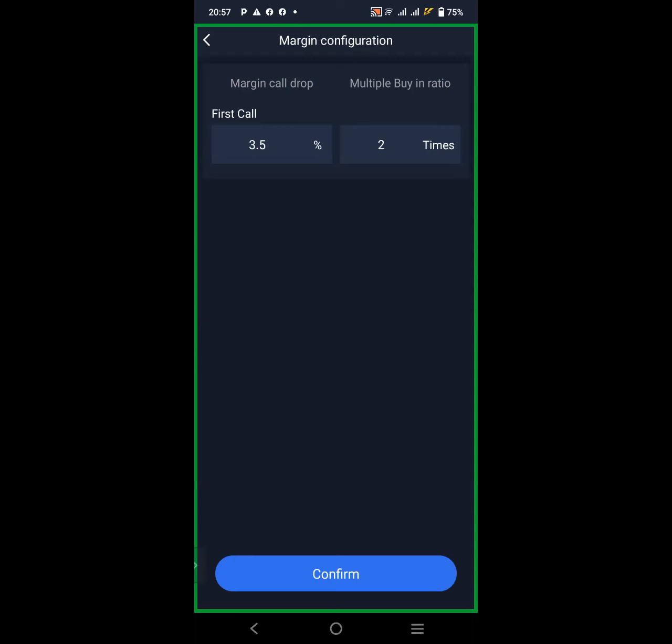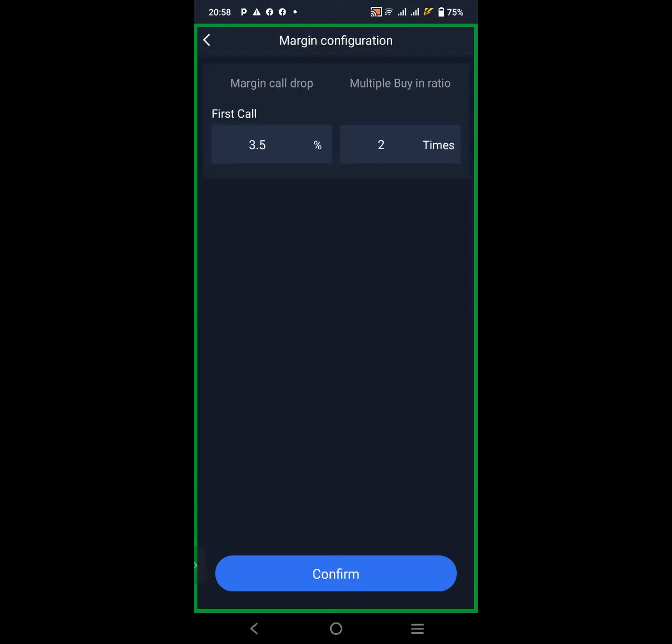When we say the market is bullish, it means prices are rising, and when prices are rising, the whole position take profit ratio is going to kick in. It means if prices are rising and the position goes 1% or more into profit, the profit is going to be captured. But if prices are falling, then margin configuration is going to work for us.